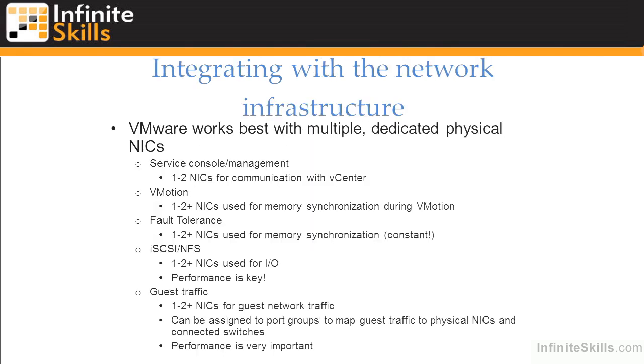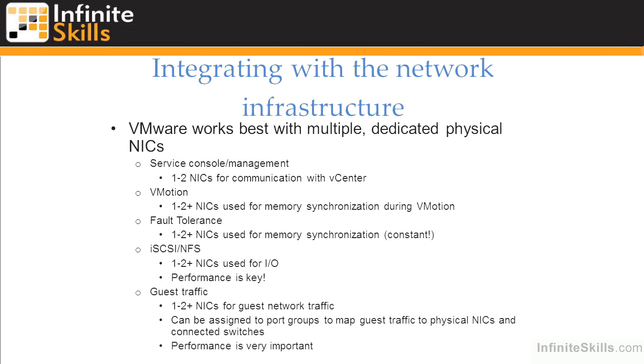Integration with your network and storage is really going to be critical to separate management traffic, vMotion traffic, fault tolerance traffic, where the same virtual machine is actually run on two hosts simultaneously so that there's no downtime in the event of a failure. Although there are a fair number of architectural restrictions on how to do this.